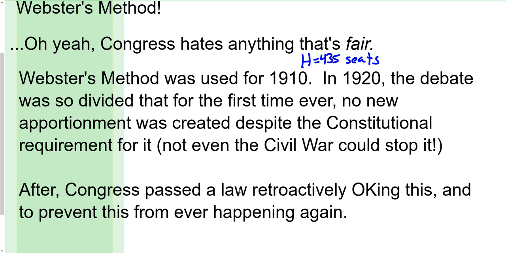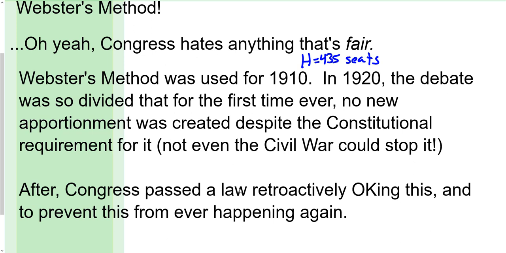And the Supreme Court is kind of telling them, like, look, guys, it says in the Constitution, you have to address this. And Congress says, okay, here's the thing. Why don't we address 1920? And so the law says that in 1920, apportionment will stay the same as the numbers from 1910.